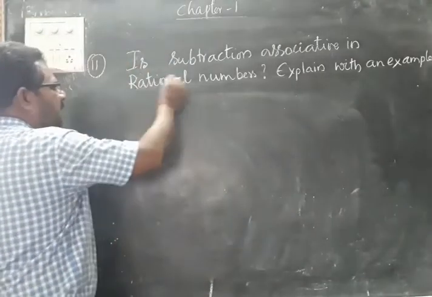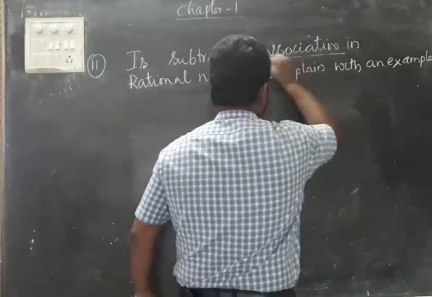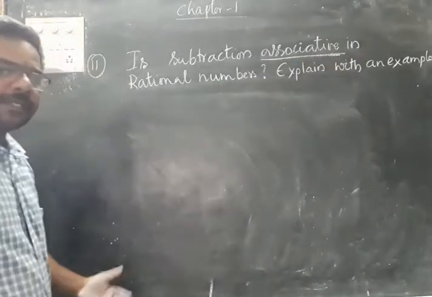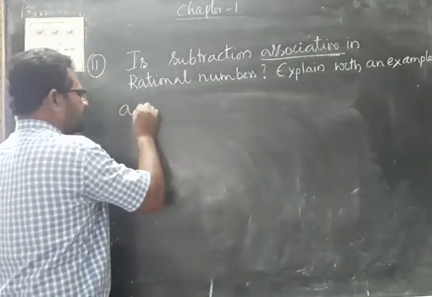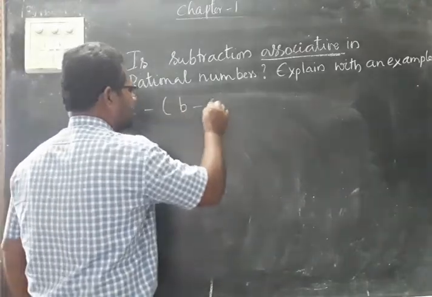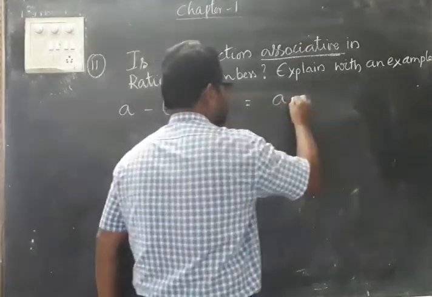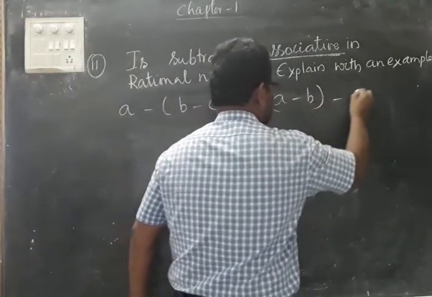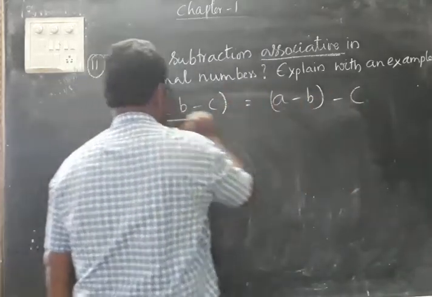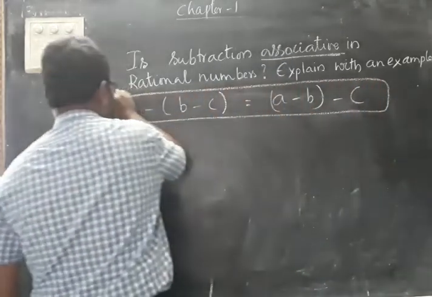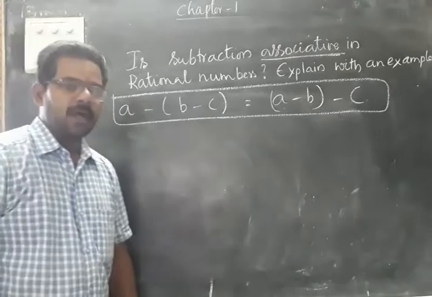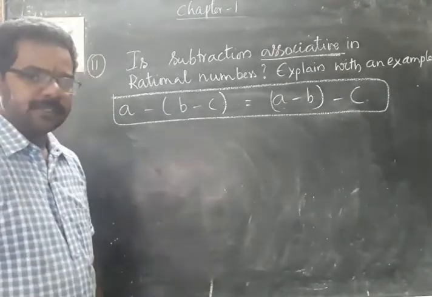Why? Because what is the associative property? According to the associative property, we can take A minus B minus C is equal to A minus B minus C, or vice versa. This is the associative property for subtraction of rational numbers.